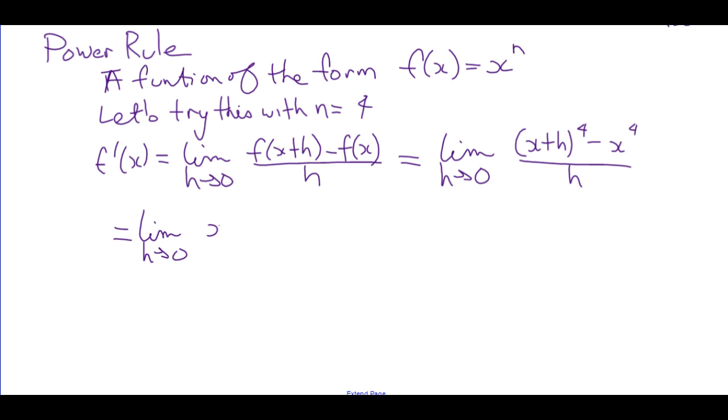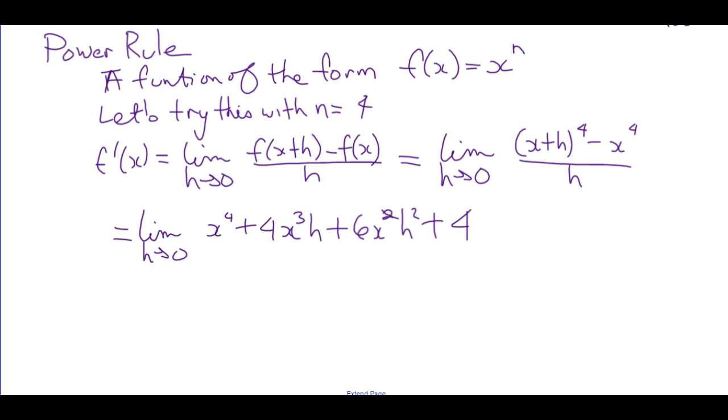So it's x to the 4th plus 4 choose 1, which is 4, x cubed h plus 4 choose 2, which is 4 times 3 over 2, which is 6, x squared h squared plus 4 choose 3, which is 4.